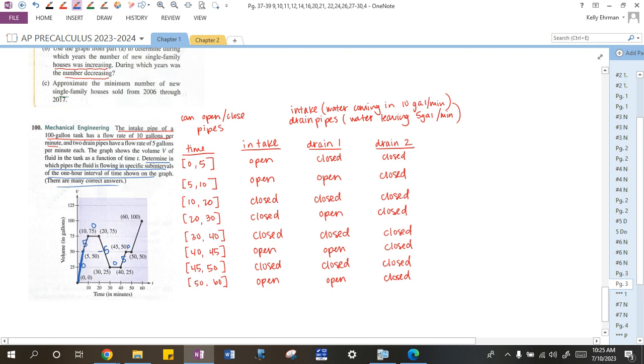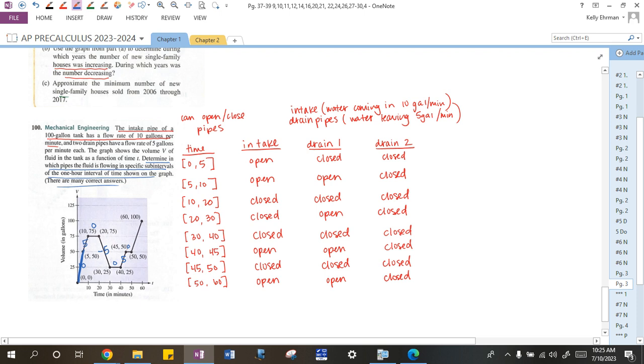So the volume gained 50 gallons in 5 minutes, that could mean that the intake pipe was open. So we pumped in 10 gallons per minute. And it could have been that the other two were closed, right? Because 10 gallons per minute for 5 minutes would allow 50 gallons in.